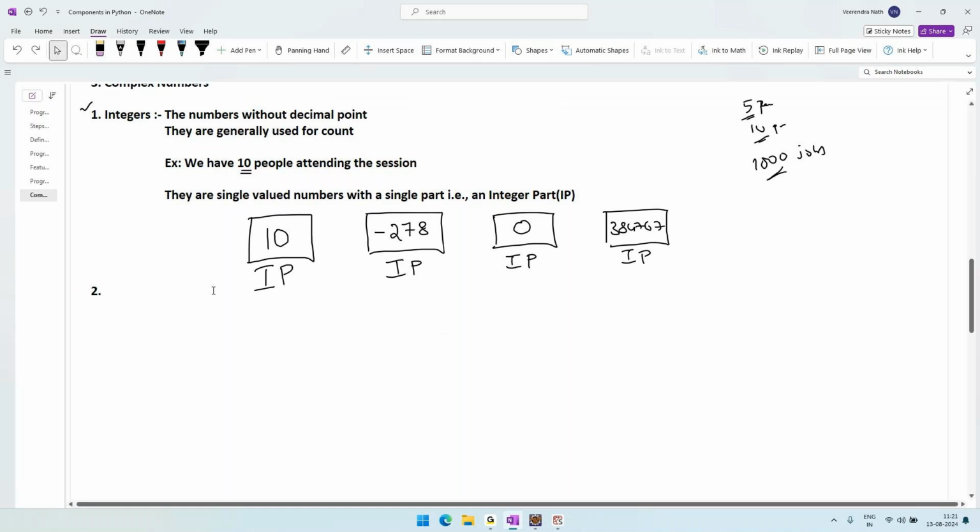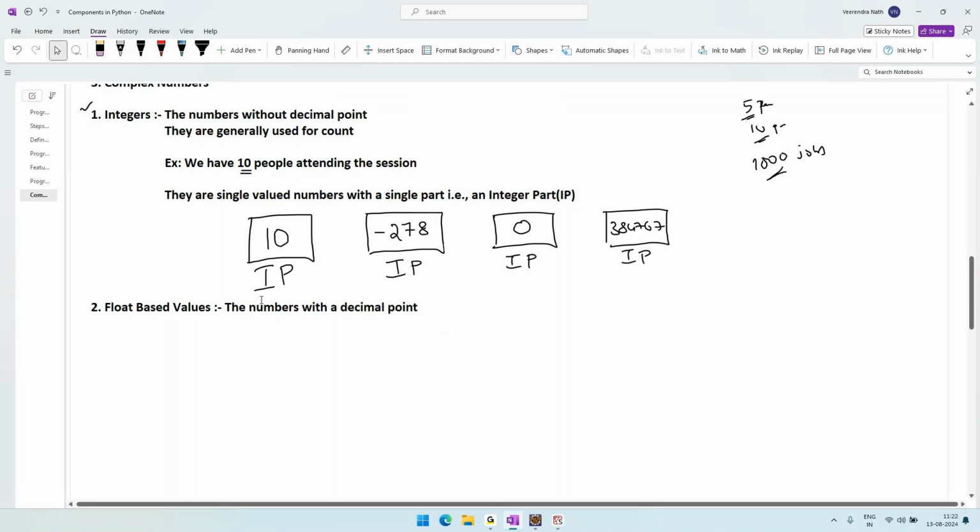Then we have float based values. Float based values are the numbers with a decimal point.